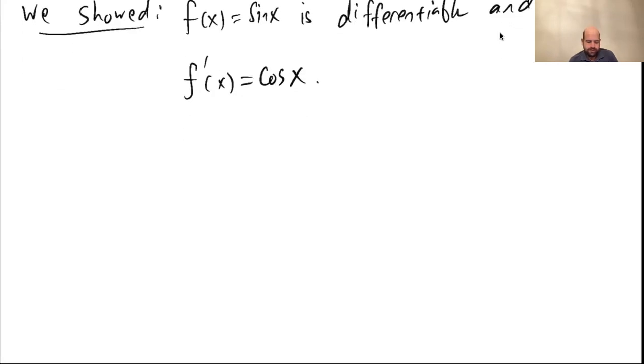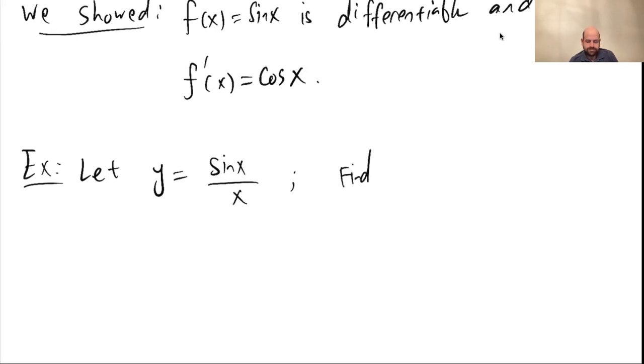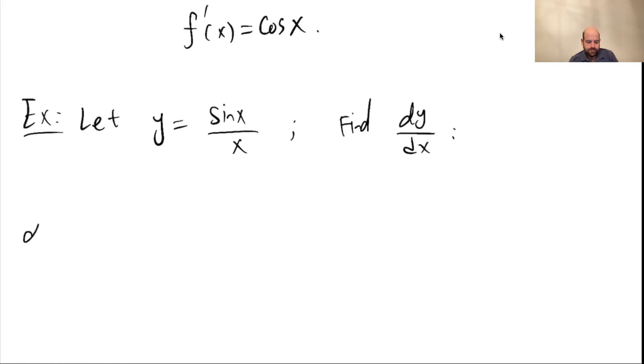Okay, so let's look at an example. Let y equals sine x over x. Find dy over dx. So again, we have to use the quotient rule, and we already know that derivative of sine x is cos x.